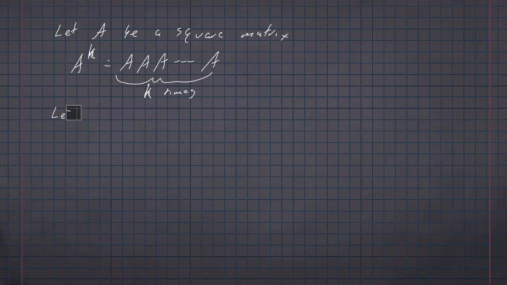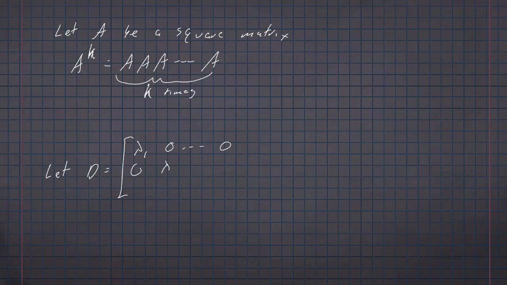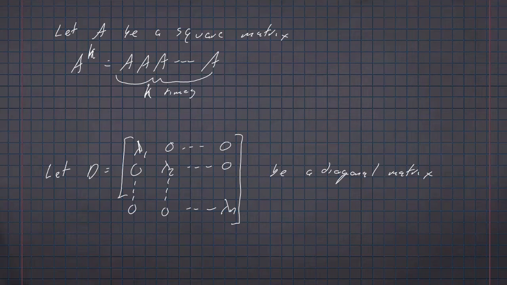Let's move that down so I have a little bit more space to work around it. Let's consider an n by n diagonal matrix. I'll call the diagonal matrix capital D for diagonal.